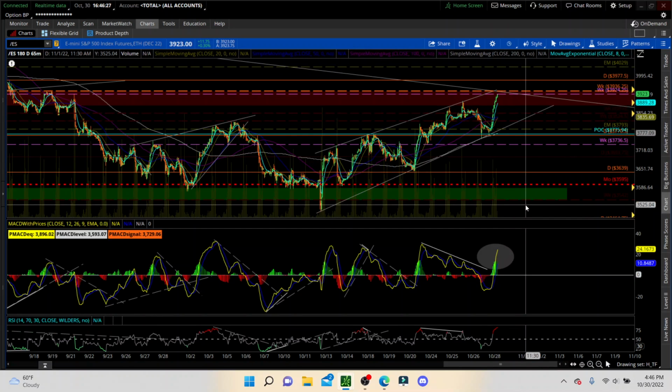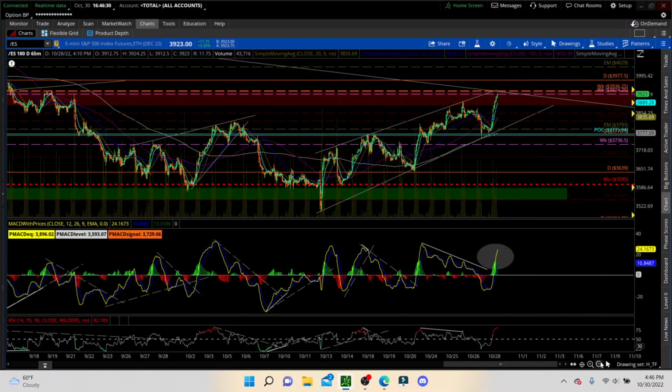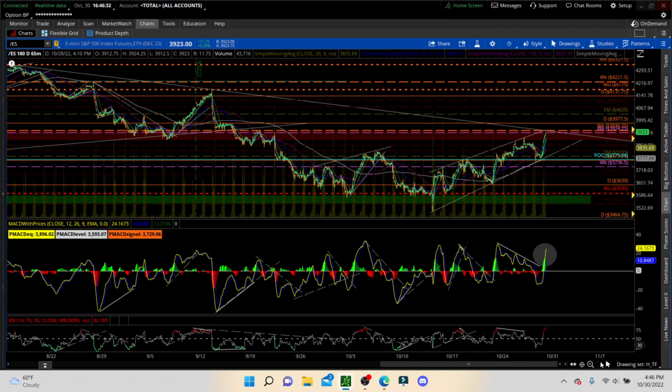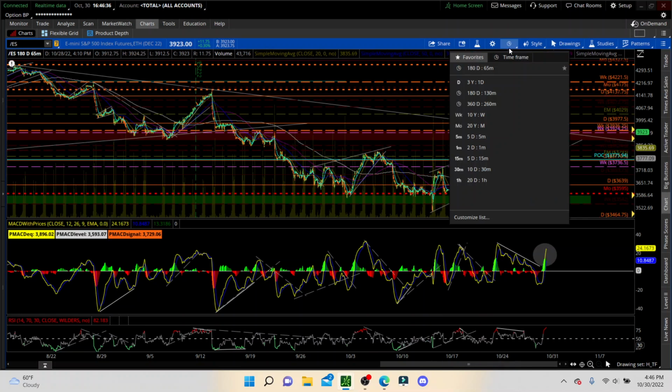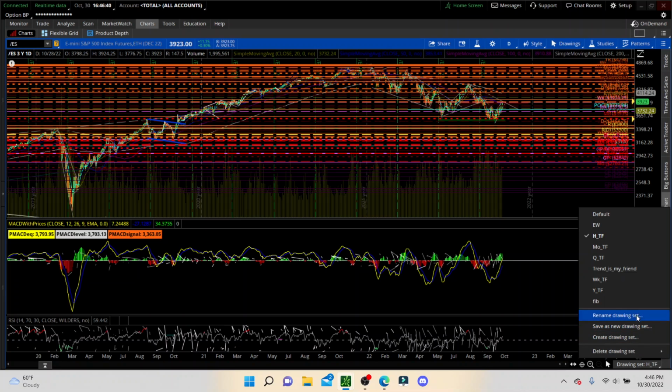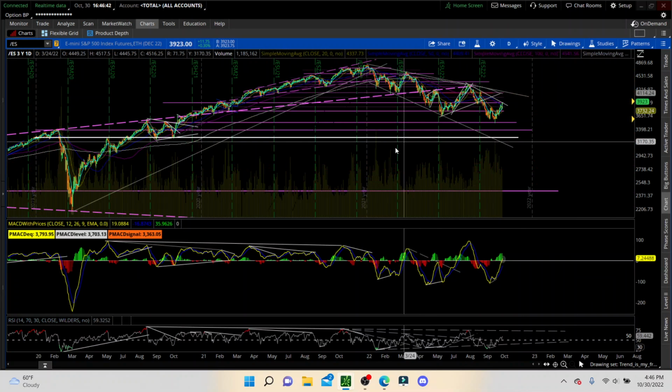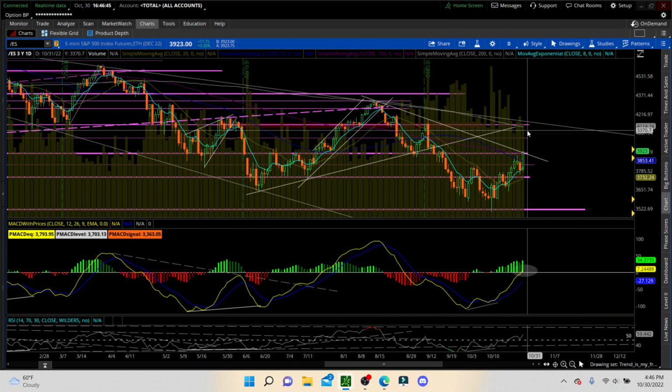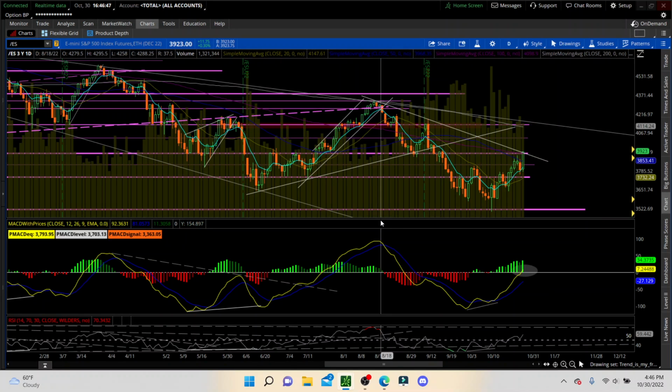So another scenario before I finish here. Let's see if we can go back to the daily time frame. I want to give one of the scenarios here. Let me get the screen a little bit more clear.